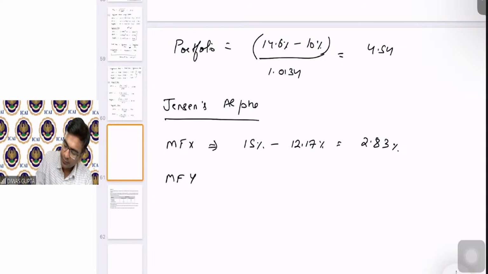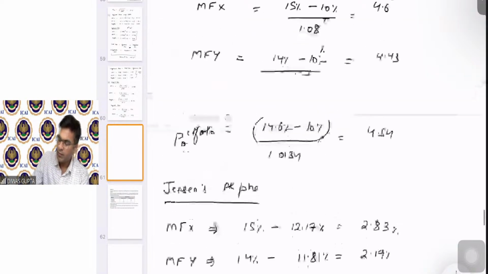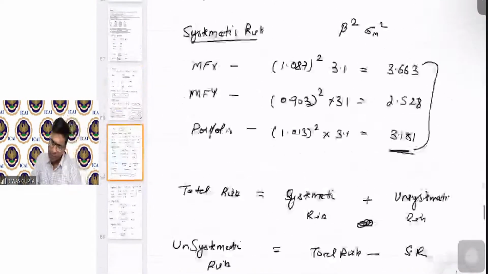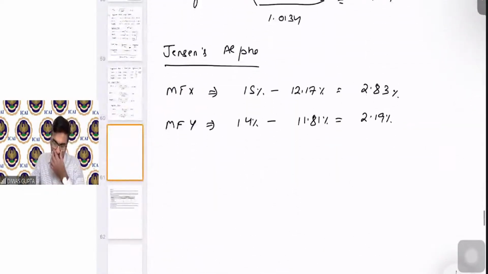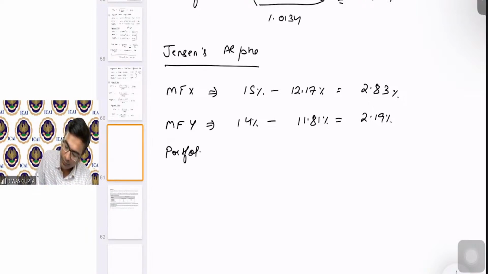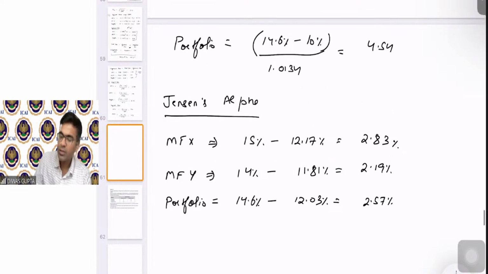Actual return is 14% minus 11.81%, 2.19%. Then for portfolio, 14.6% minus 12.03%. So that makes it 2.57 percentage.